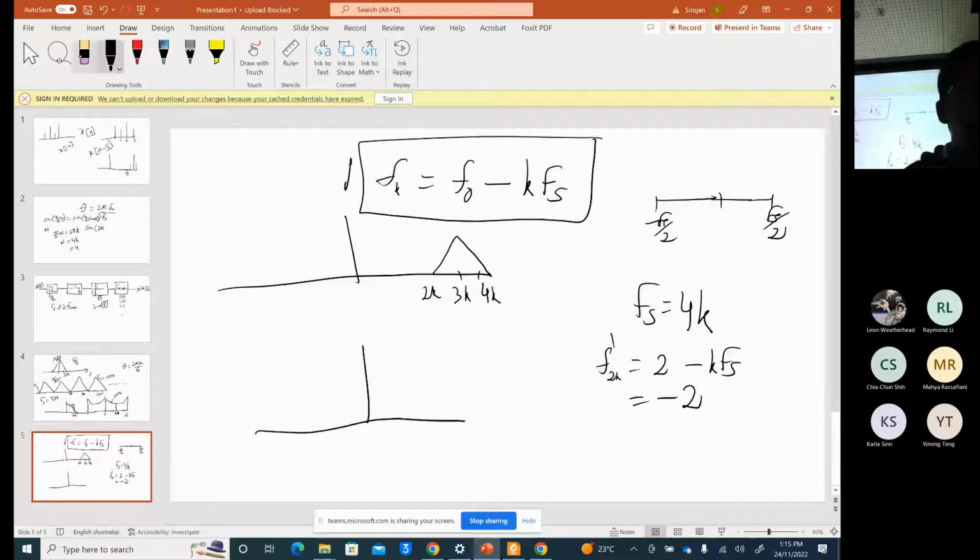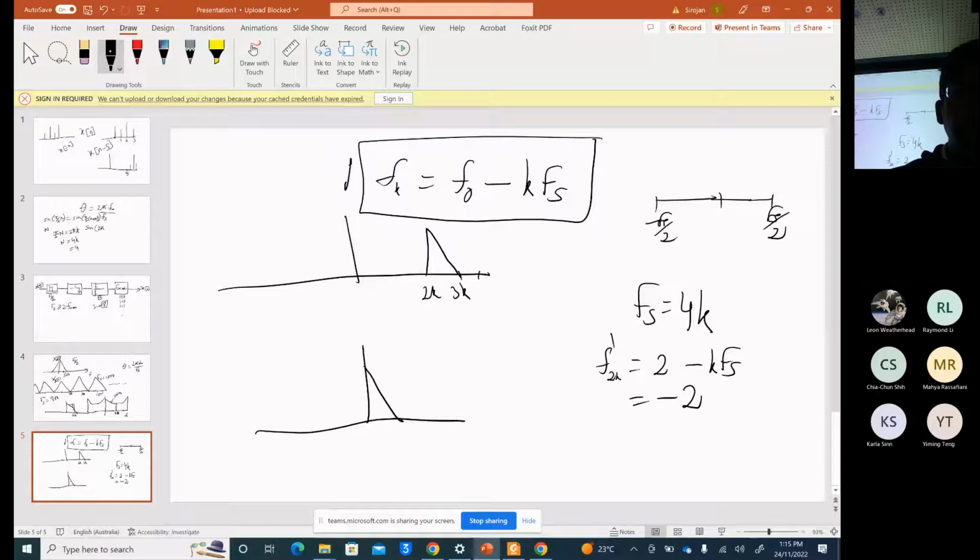Let's draw a diagram like this. It's easy. So if we have 4K, then 2 to 3. Let's have it from 2K to 3K. So what we want is finally like this.